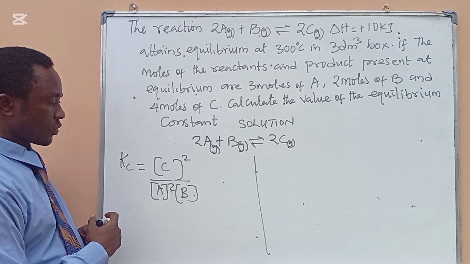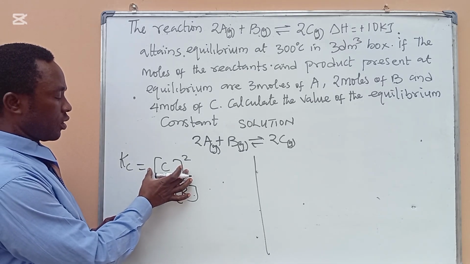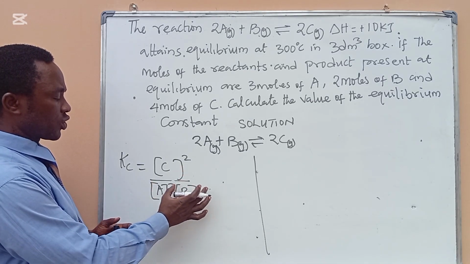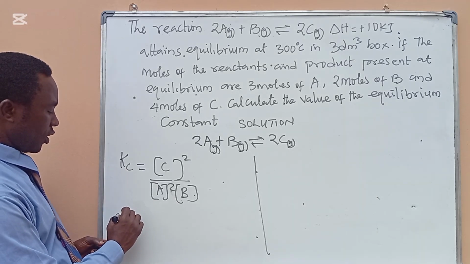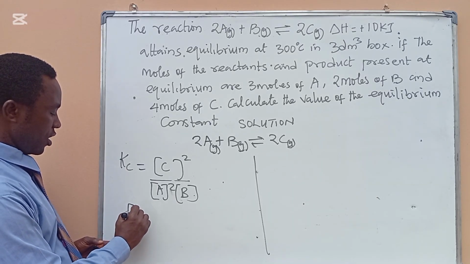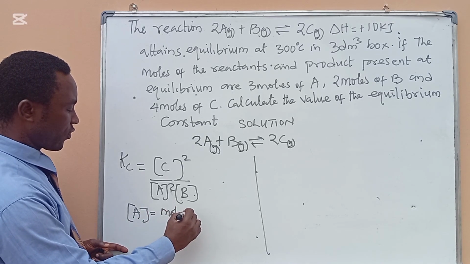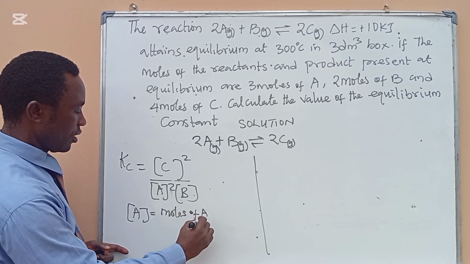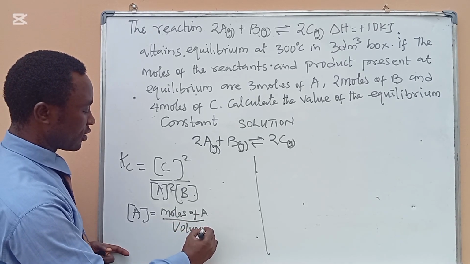That is the formula. Now, what we need to get is the concentration of each of these species. But let us remember that the concentration of A is equal to the moles of A divided by the volume of the container.